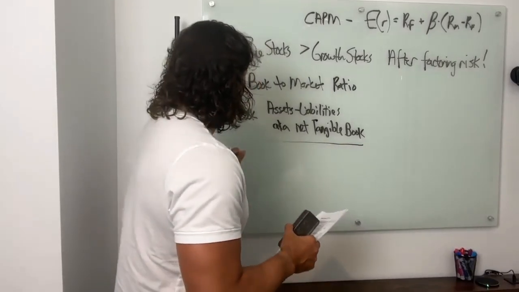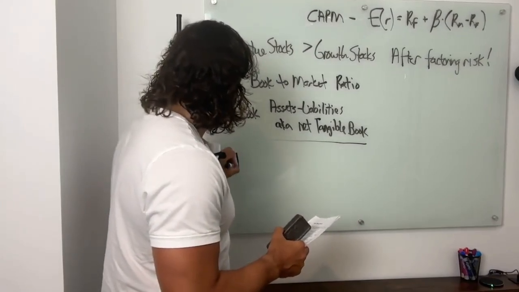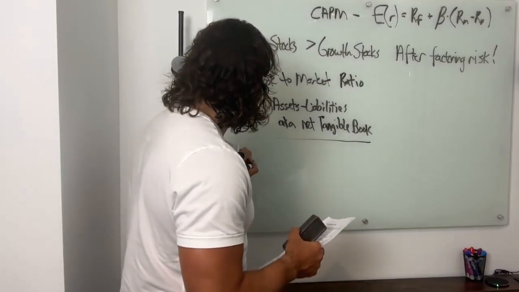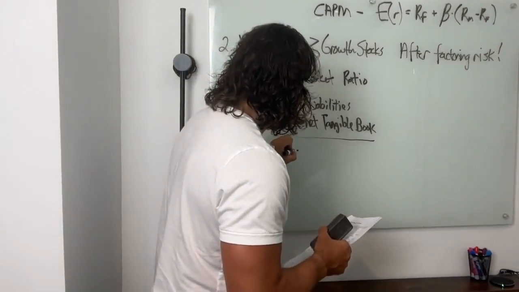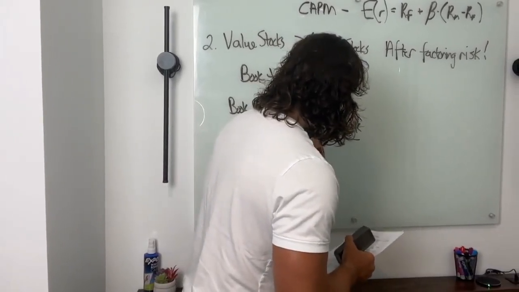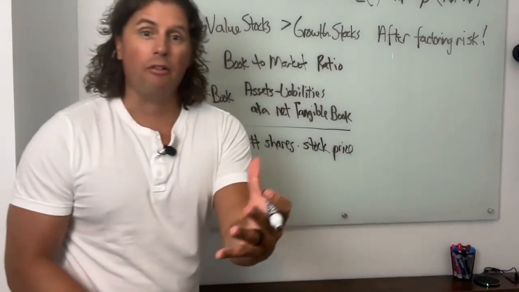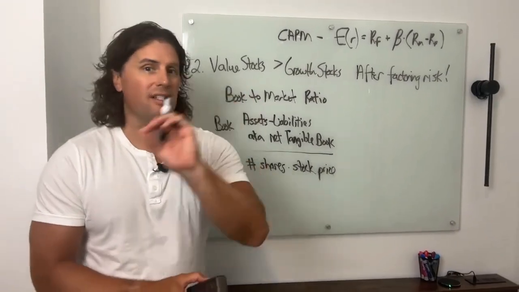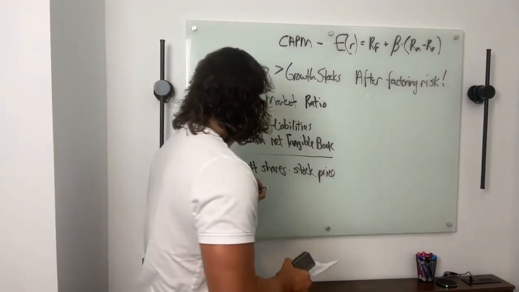And we're going to take that number and we're going to divide it by the market cap. So our market cap is number of shares times the stock price. Or if you go to Yahoo Finance or any financial source, you can just see, hey, based on yesterday's close, here's the market cap.